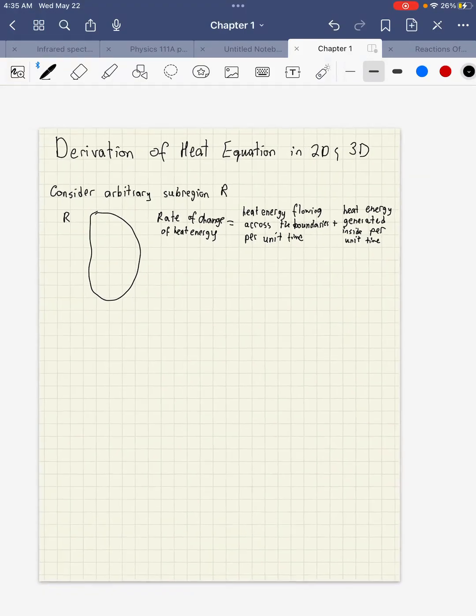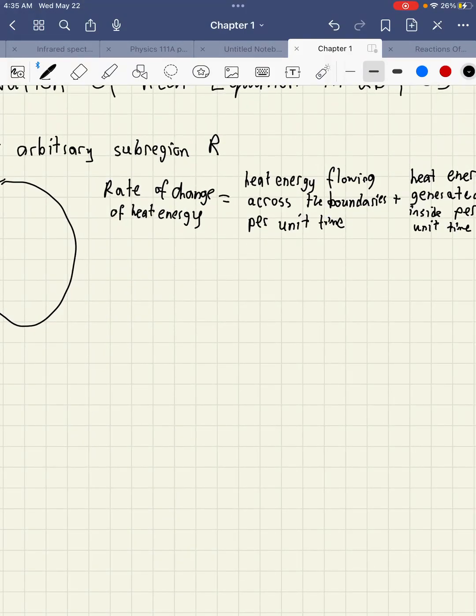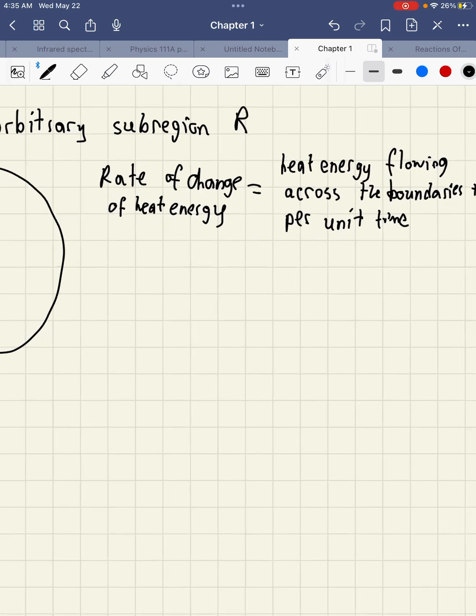Okay, so now let's again decompose each part and then try to figure out the expression for that. Now we're gonna do the same thing in 3 dimensions.